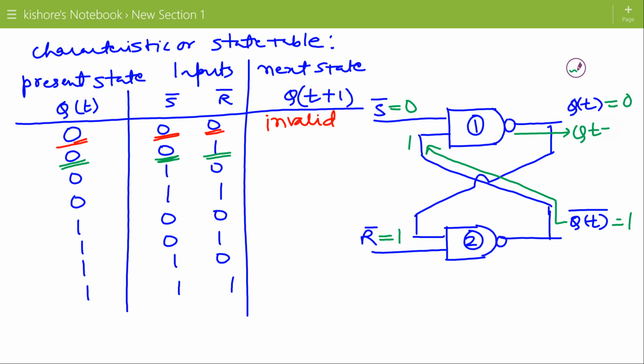So QT plus 1 is 1. Now output of first NAND gate is the input for second NAND gate, that is 1, and 1 and 1 is 0. QT plus 1 is 1 and QT plus 1 bar is 0, so this is valid state. So we will write next state as 1.